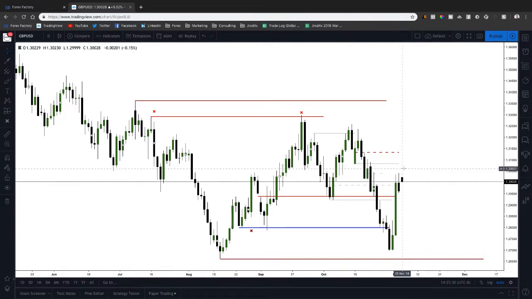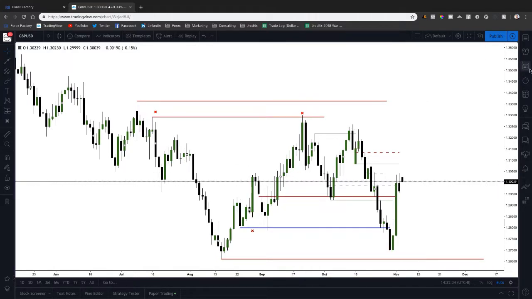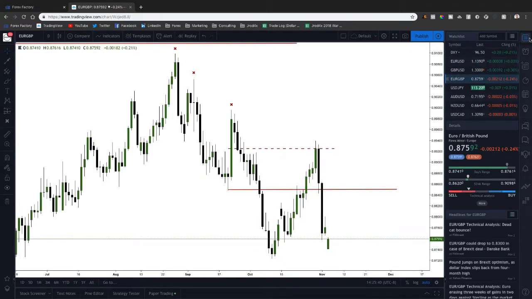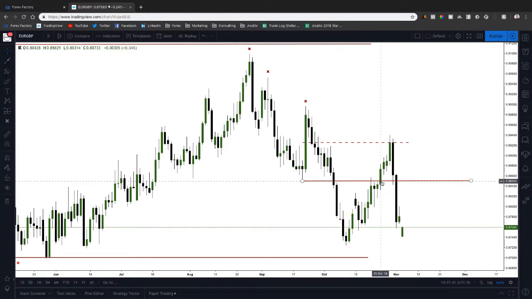So let's talk about Euro GBP, because Euro GBP is what led to that big push up on GBP USD on Thursday. This is Friday's trading, this is Thursday, and this is Wednesday.